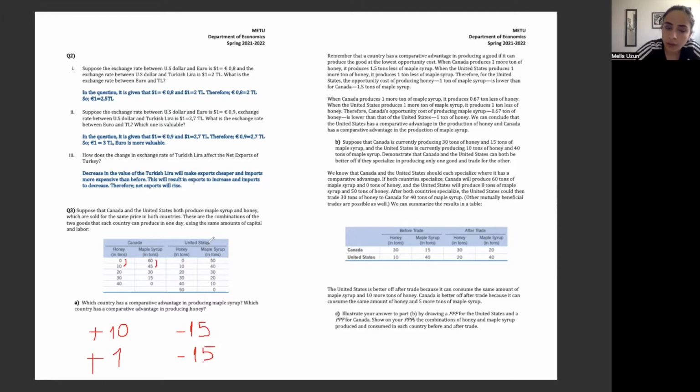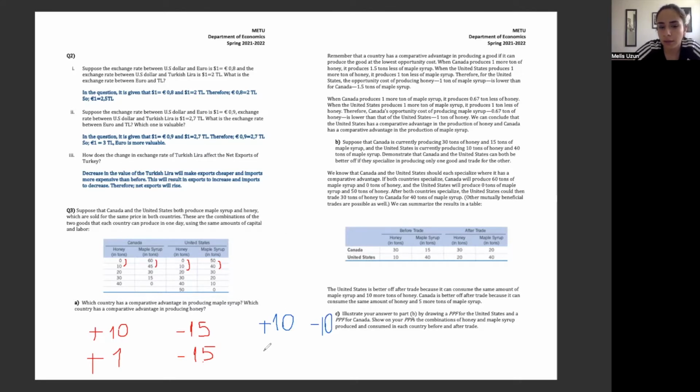Let's look at the United States. In order to produce 10 more units of honey, the United States needs to give up 10 units of maple syrup. So let's use another color. So for the United States, if they want to produce 10 more units of honey, they need to give up 10 units of maple syrup.